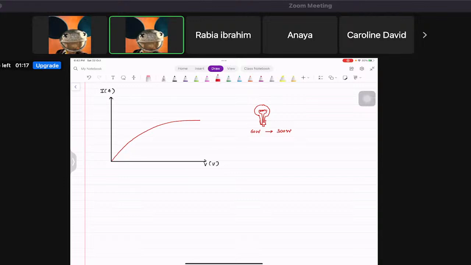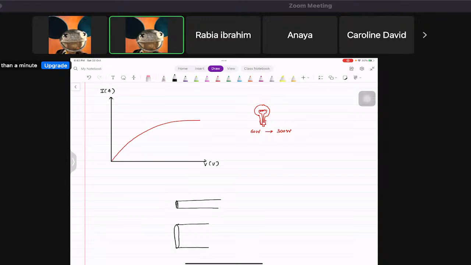So, first of all, when you see a metal wire, let's suppose there's a thick one and there's a smaller one.